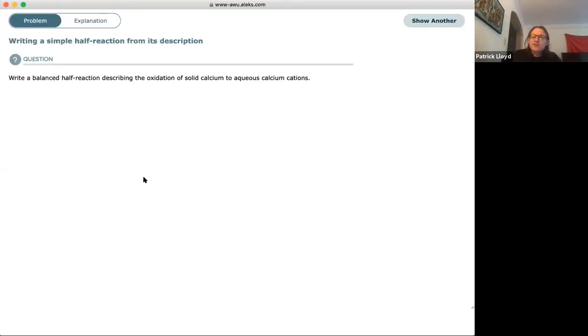So the last thing we're going to do is look at what are called simple half reactions. So, writing a simple half reaction from its description. We're almost at that point in the previous example, where I showed you a really simple equation: iron plus copper 2+ to form iron 2+ and copper.